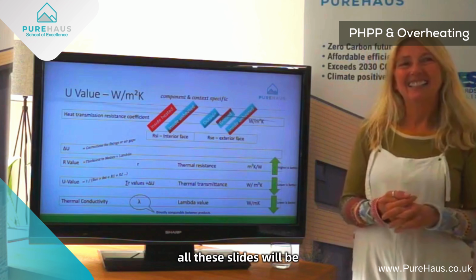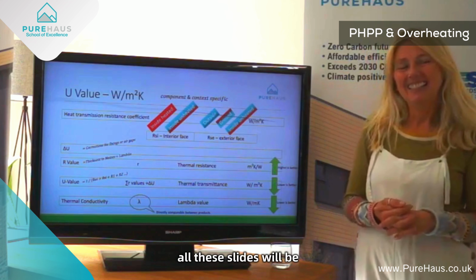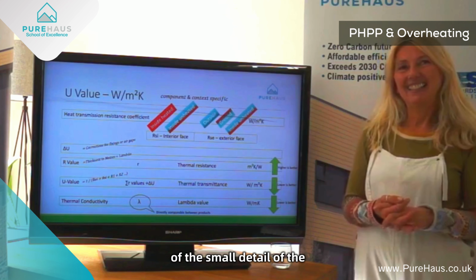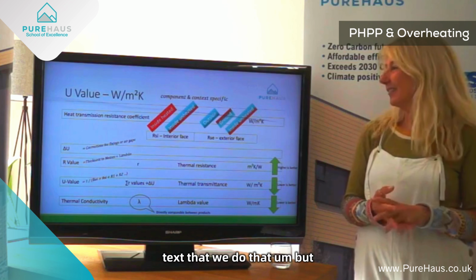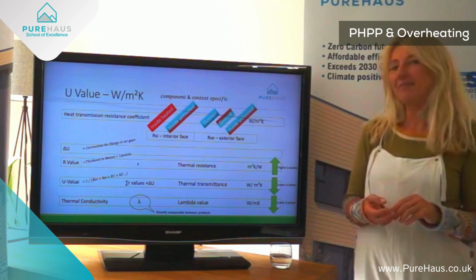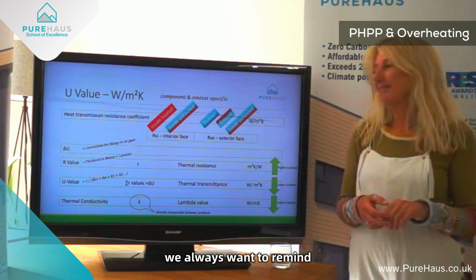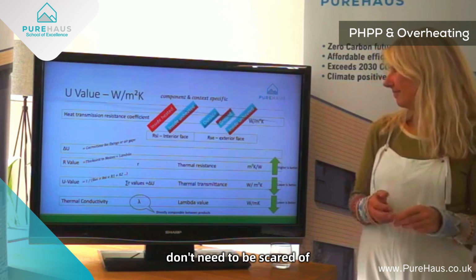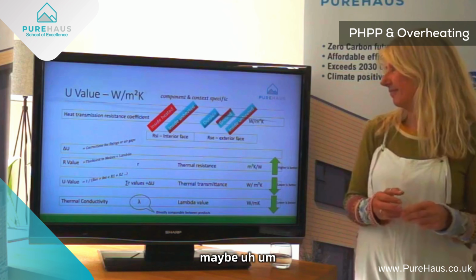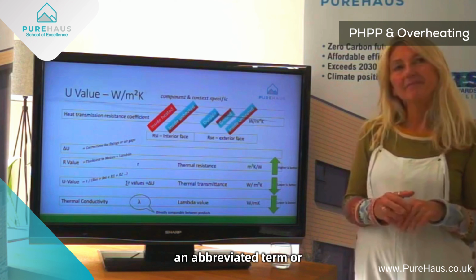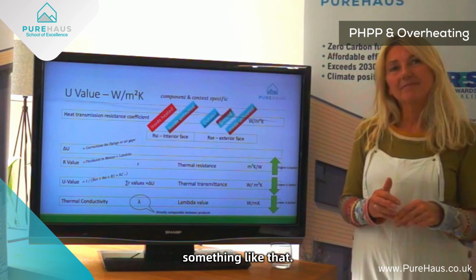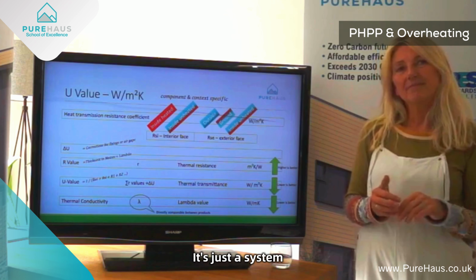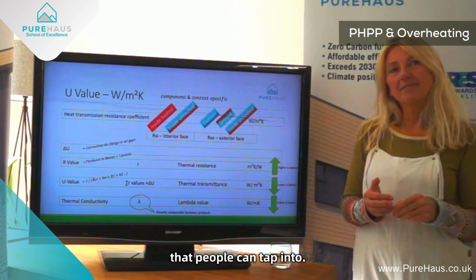Obviously, all these slides will be given, and people will be able to look, and we'd recommend that with some of the small detail of the text. But one of the things we always want to remind people of is that we don't need to be scared of an abbreviated term. It's just a system that people can tap into.